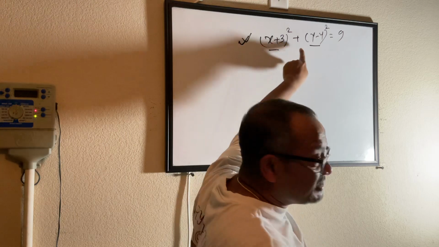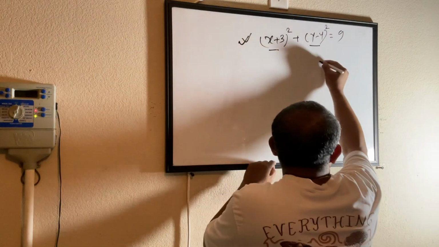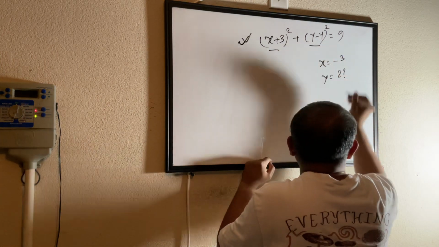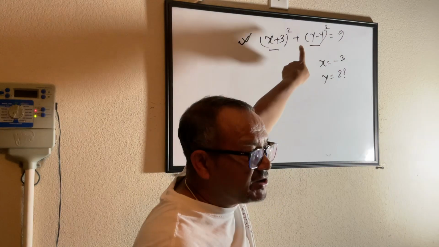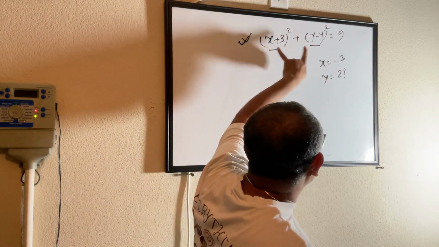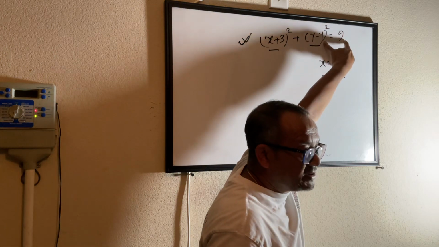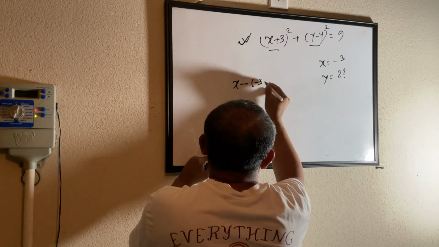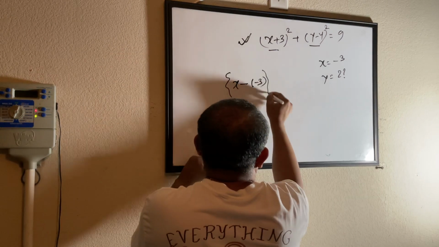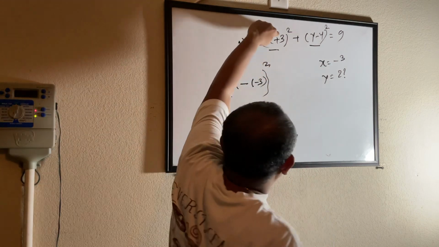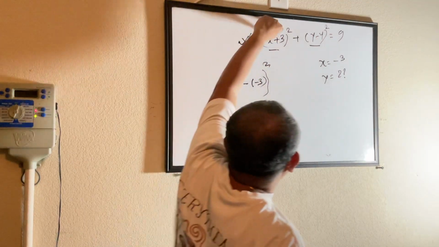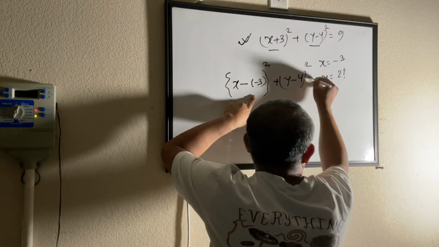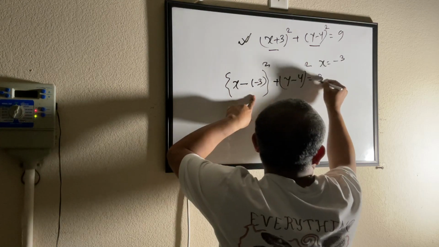Let's say this is the equation of the circle. And one of the points of the circle has x coordinate -3. Find out the corresponding y value. Now here, when I look at this equation, what do I see? x minus h squared plus y minus k squared equals r squared. So I can rewrite this equation as x minus h squared, where plus 3 I can write as minus into minus 3, plus y minus k squared equal to 3 squared.